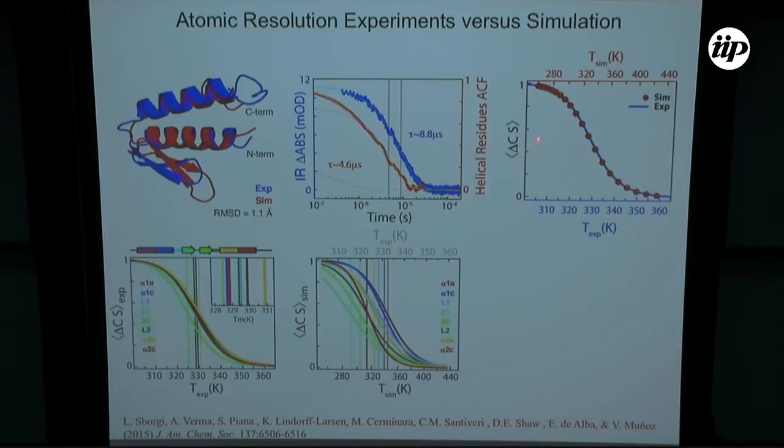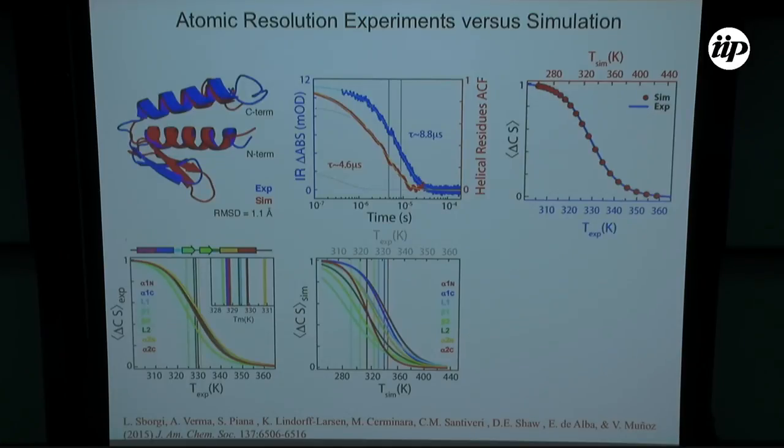All right, so in this case, we're plotting the average chemical shift as a function of temperature. In blue is the fit to the curve that I was showing in blue before, and in red is what you get from the simulations. It looks outstandingly in agreement, but obviously we're cheating here because the temperature scale is different. This is the most important thing. There is a slight difference in folding temperature as well, but that's very small.